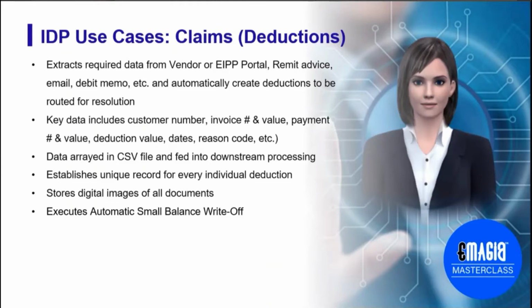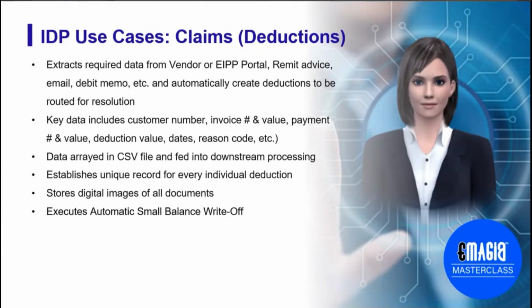Now, one of the best practices in deduction resolution is to provide the resolver, who is the person who has to research and resolve the deduction, complete information. And IDP can do that. And what is the key data on a deduction? Well, there's a number of data elements. I've listed a few of them here.